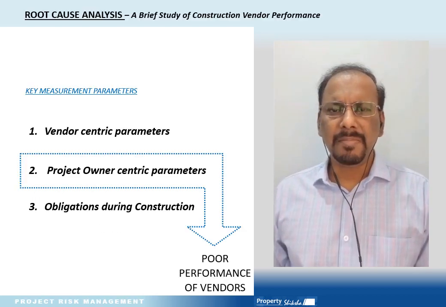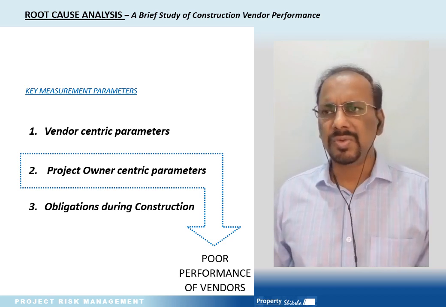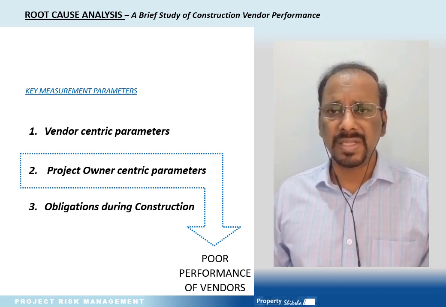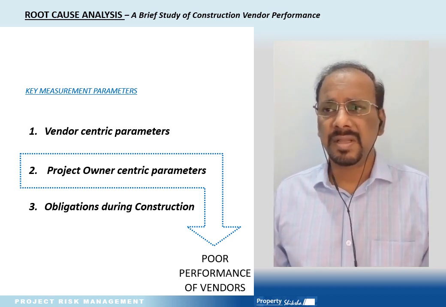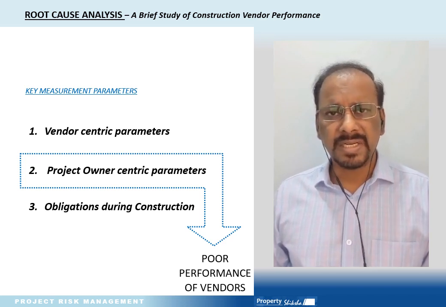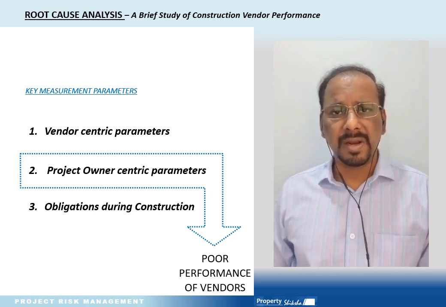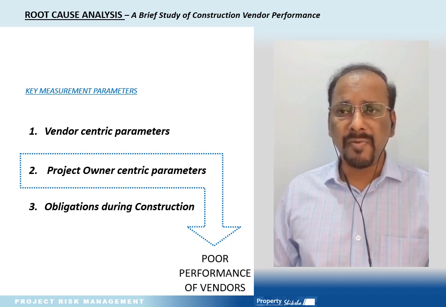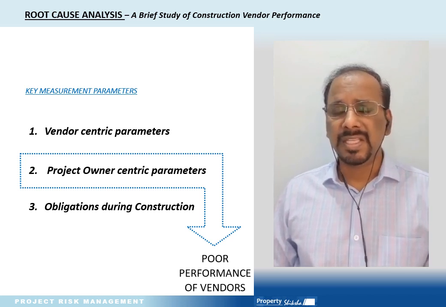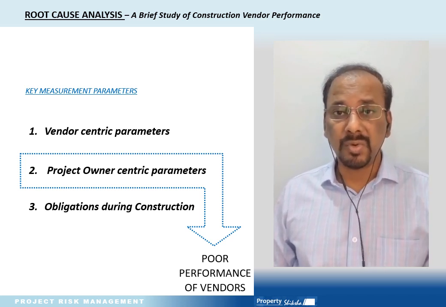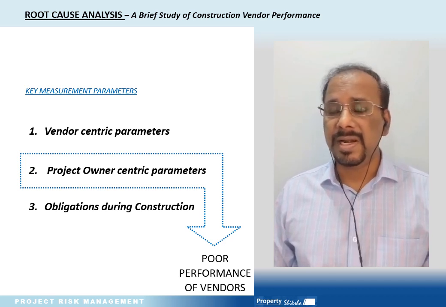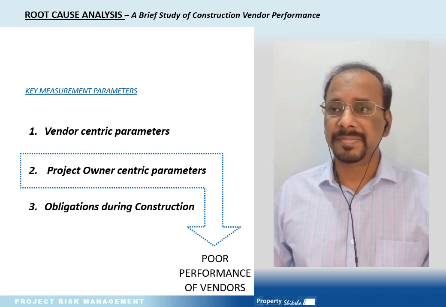Just to recap, I did a root cause analysis to understand the parameters that influence construction vendor performance. In the last presentation, we discussed vendor-centric parameters leading to poor performance of vendors. In this video, we'll discuss project owner-centric parameters that lead to poor performance of vendors.